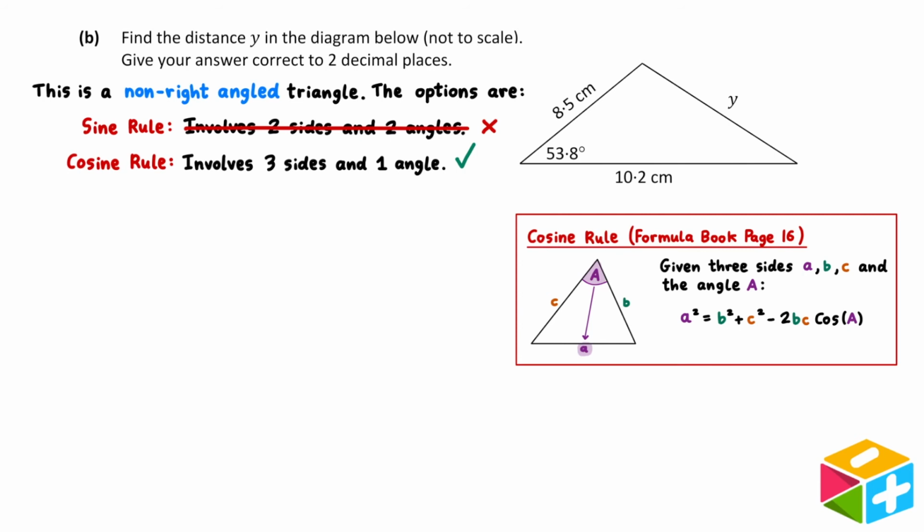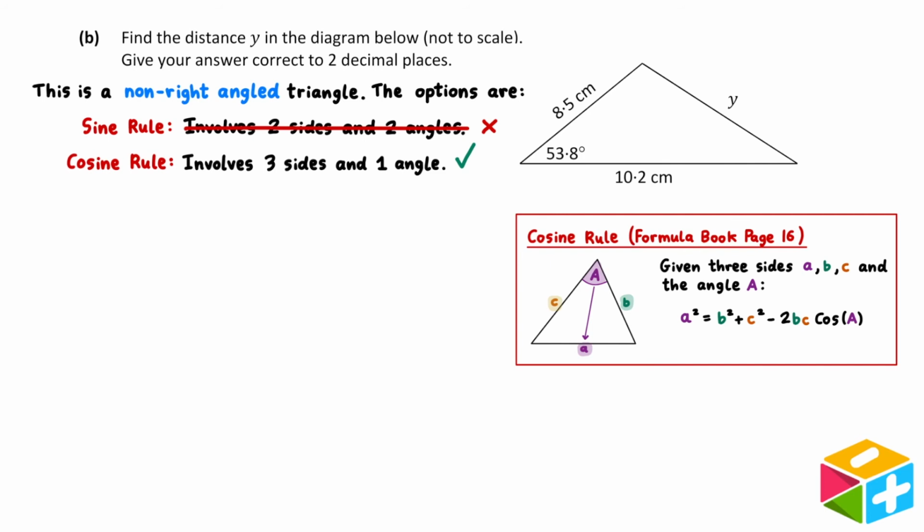When using the cosine rule, it's crucial that the side labelled with a lowercase a is opposite the angle labelled with capital A. The labellings of b and c are less important. They play symmetric roles and can be assigned to the other 2 sides in either order.